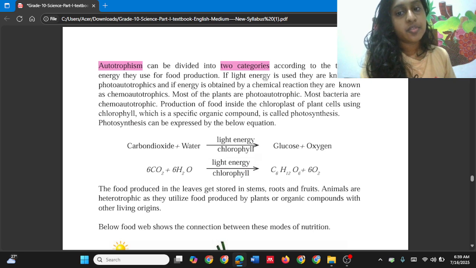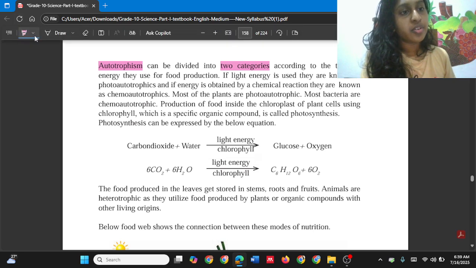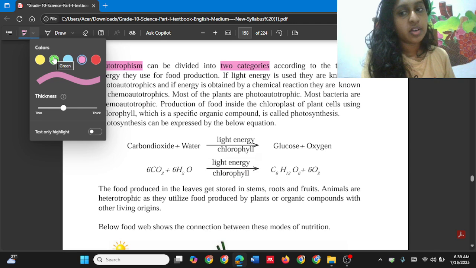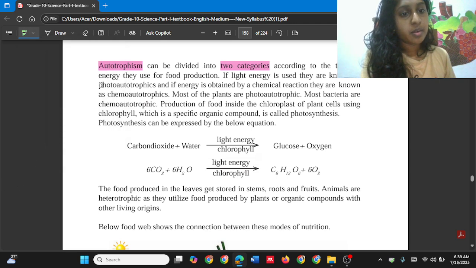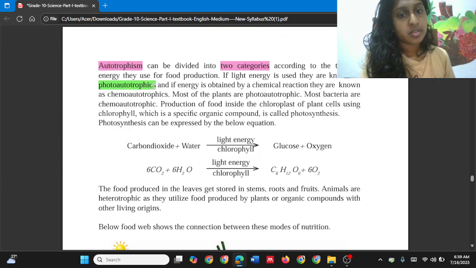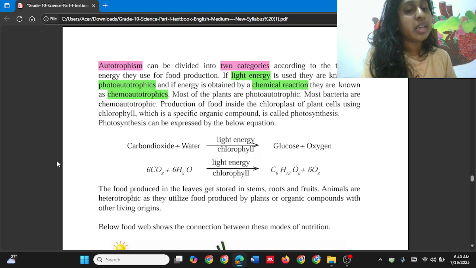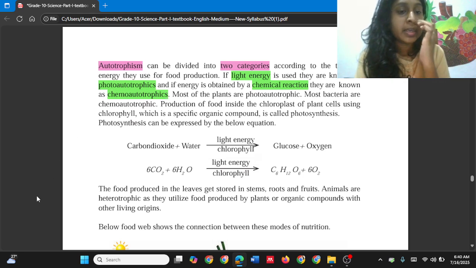If light energy is used, they are known as photoautotrophs. Here is the first place you are going to learn this. If energy is obtained by a chemical reaction to produce food, it is called chemoautotrophic.